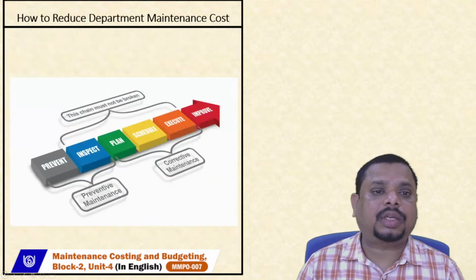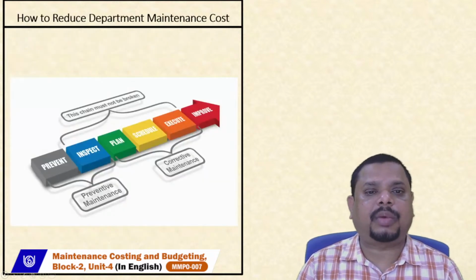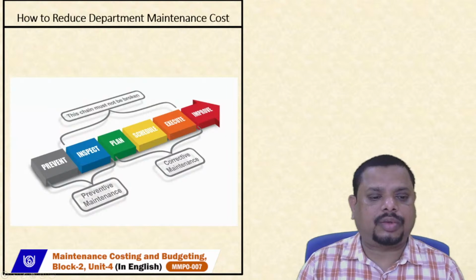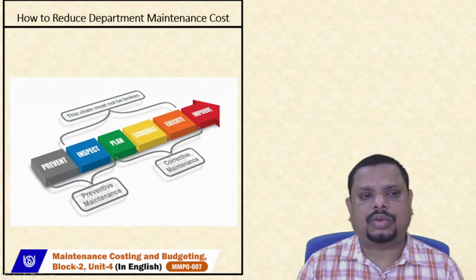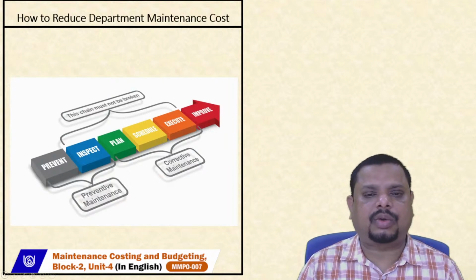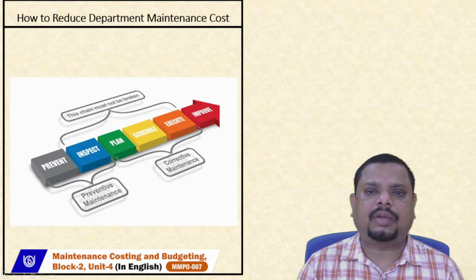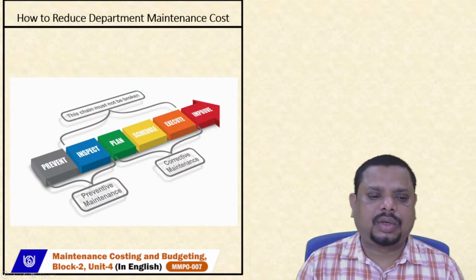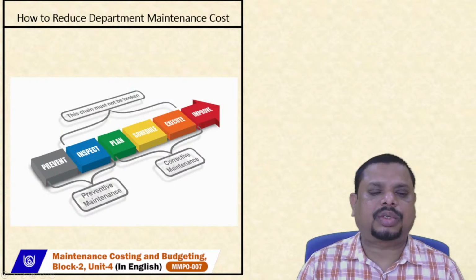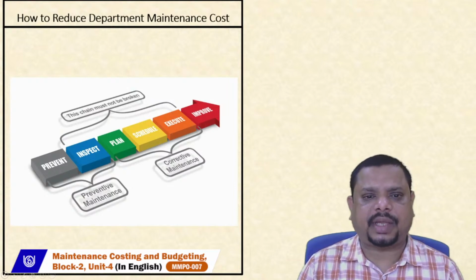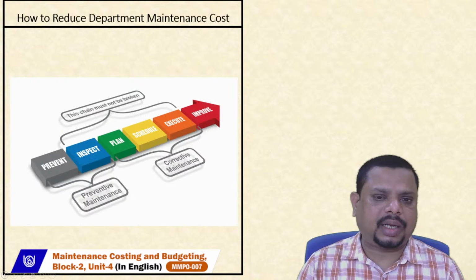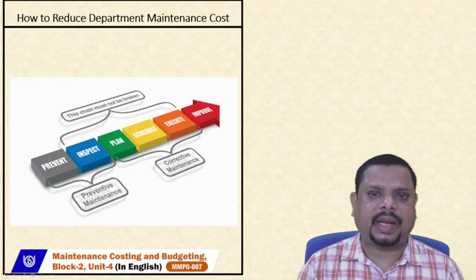Moving to the next one, how to reduce the departmental maintenance cost. If you observe this particular process, it is adopted by the maintenance department to reduce the cost in every aspect. They implement prevention, inspections, plan, schedule, then execute, and if possible, they go for improvements. Under this process, they use the PDCA cycle. P stands for plan, D for do, C for check, and A for act.